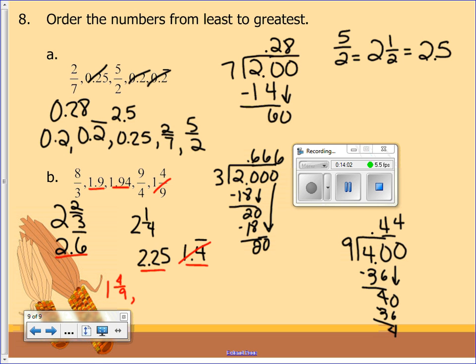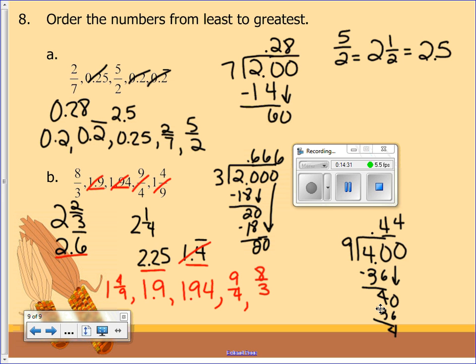My next decimal would be 1 9/10. Next, 1 94/100. Next would be 9/4. Last would be 8/3.